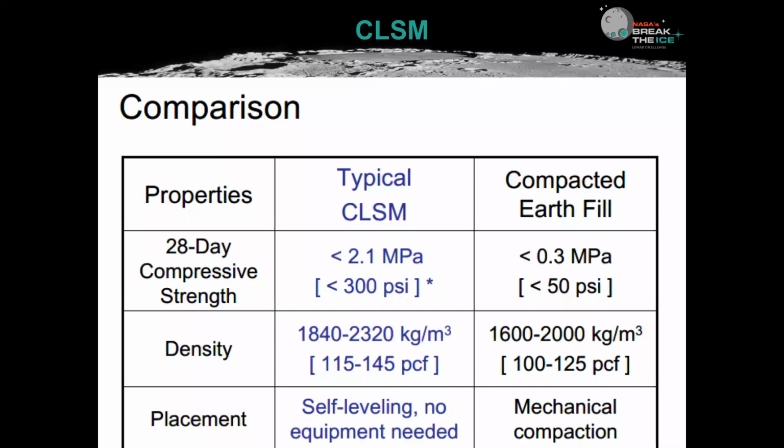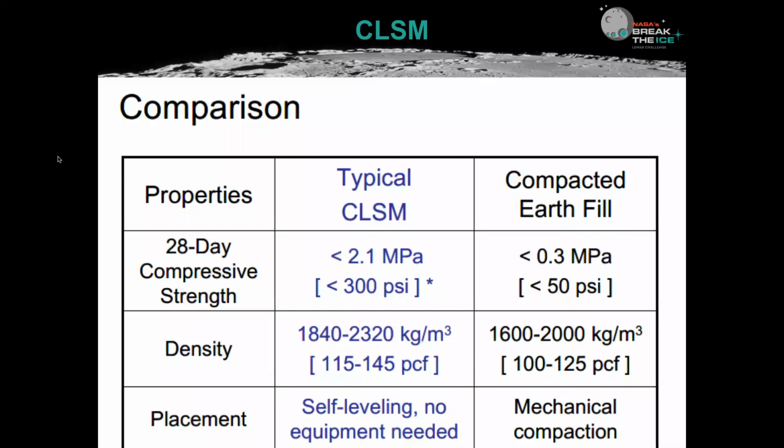And compare that to compacted backfill, which is 0.3, much smaller. And that's part of the reason in the construction industry compacted backfill is being replaced by contractors with CLSM, because there's no compaction involved. You just place it, you wait enough time for it to set, and you can start the next step of the construction process.